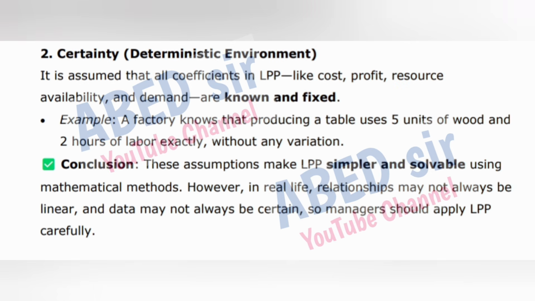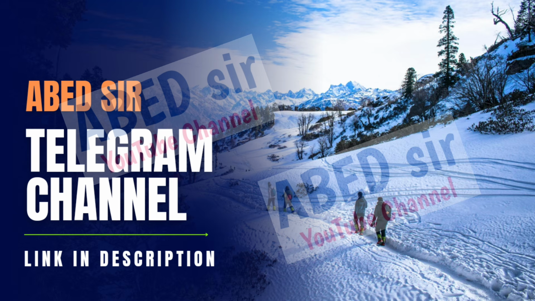Conclusion: these assumptions make LPP simpler and solvable using mathematical methods. However, in real life, relationships may not always be linear and data may not always be certain, so managers should apply LPP carefully.